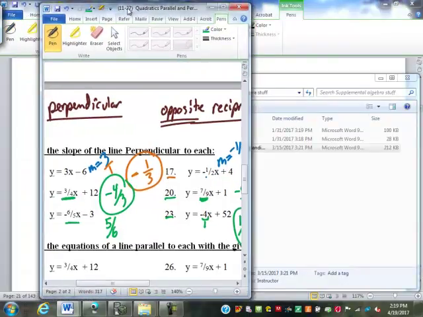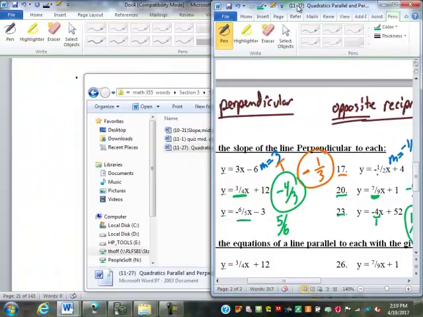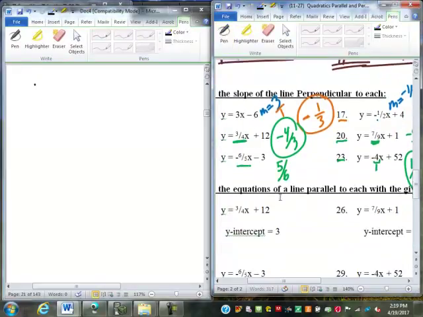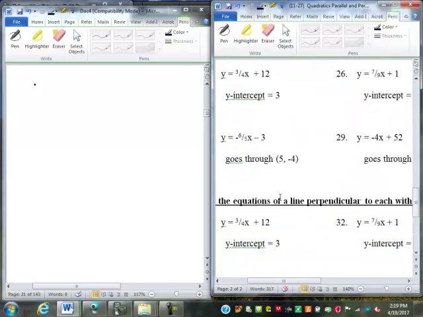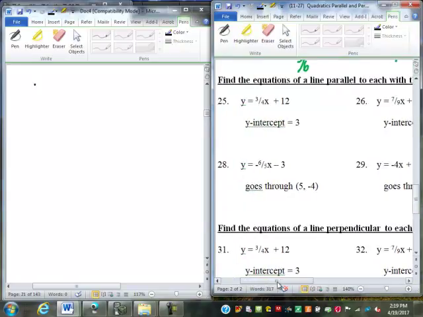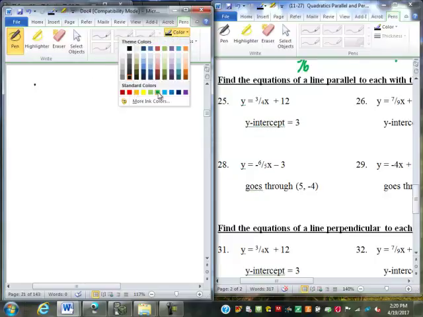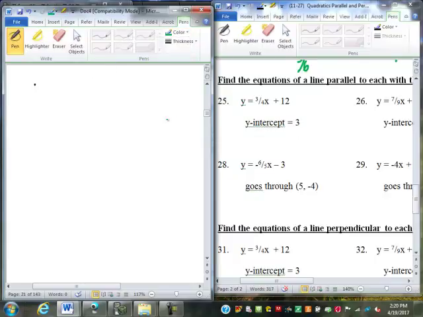For these next ones, we're going to go back to doing them side by side again here. For number 25, we want to find the equation of the line that is parallel to the given line, and has a y-intercept of 3. So that equation is y equals 3/4 x plus 12. The only information we want out of that is the slope.